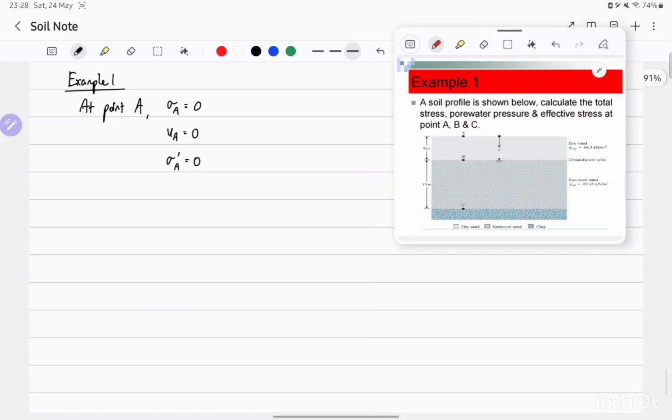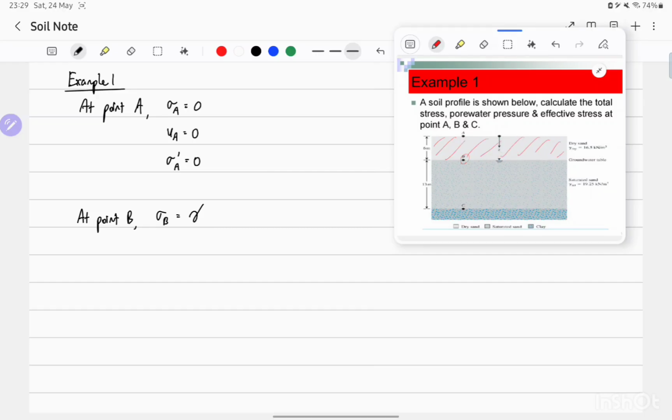Now at point B, how do we find total stress? It is the unit weight of the layer of soil times the depth. In this case, at B, what is above B? It's this layer.